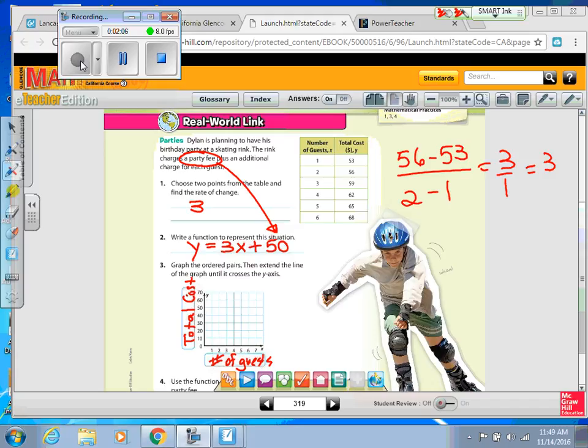So according to the chart, if we have 1 guest, 1 times 3 is 3, and then we add the total of 50, we're going to be about right here. All right, so then if we look at 2 guests at 56, we're about right here, and then it goes up like that.